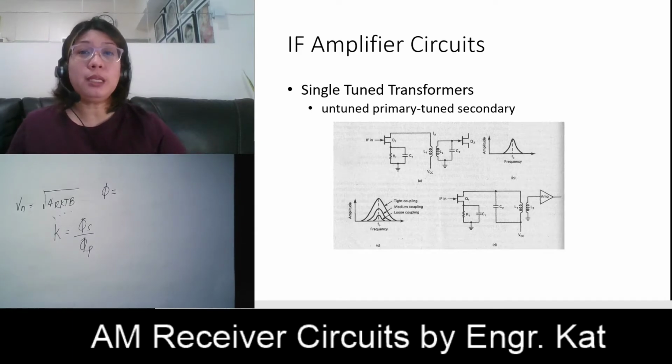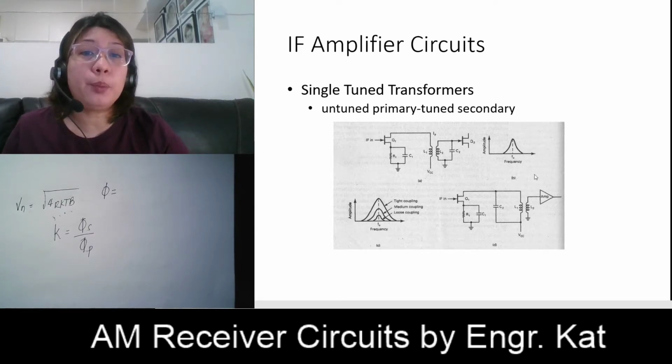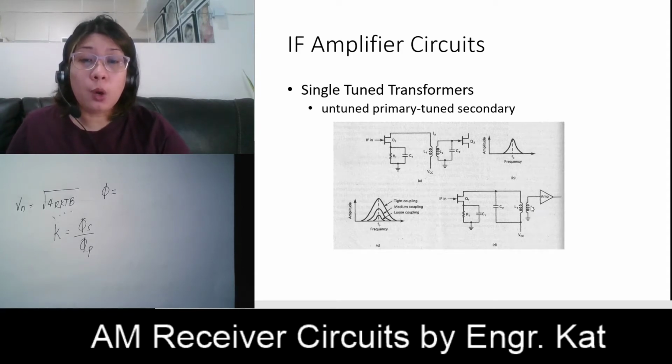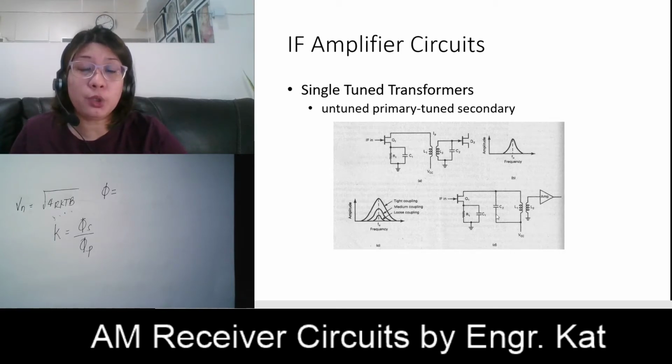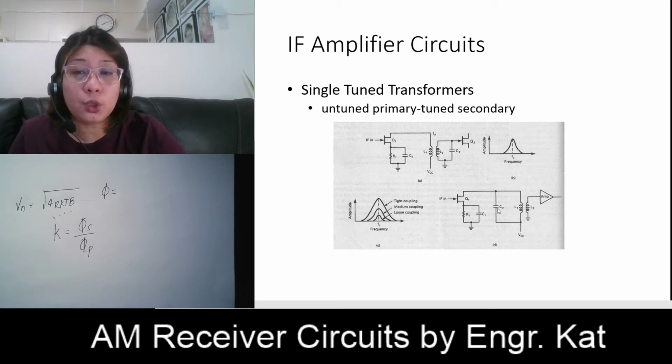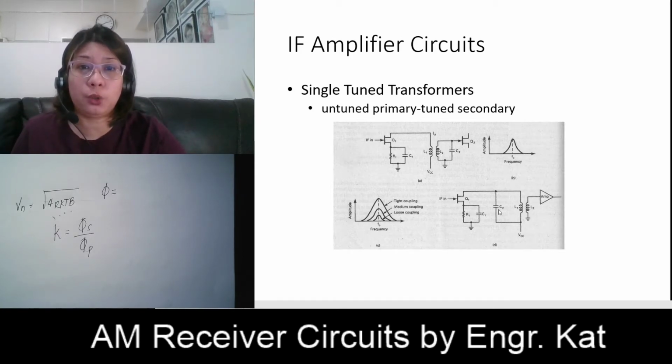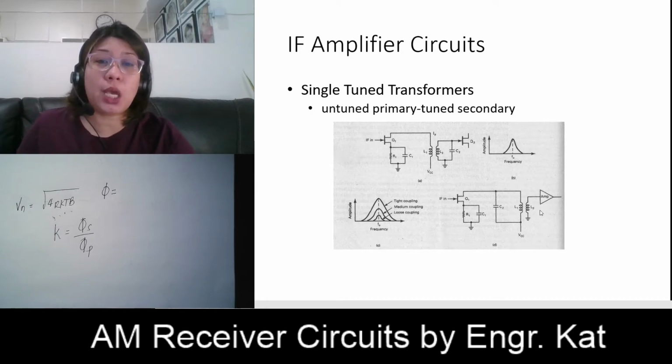In this example, we call this a tuned primary, because as you can see, your primary winding is tuned with your C2 capacitor here, and an untuned secondary.